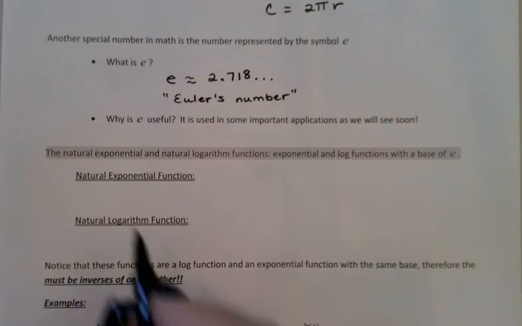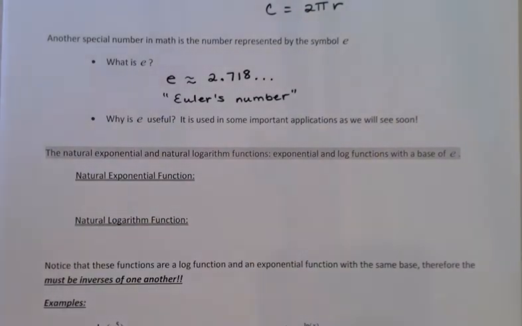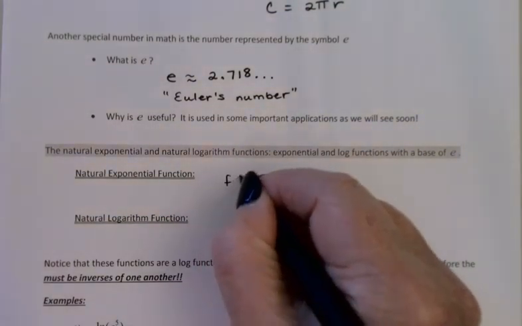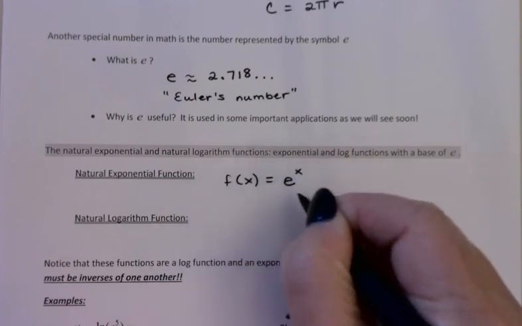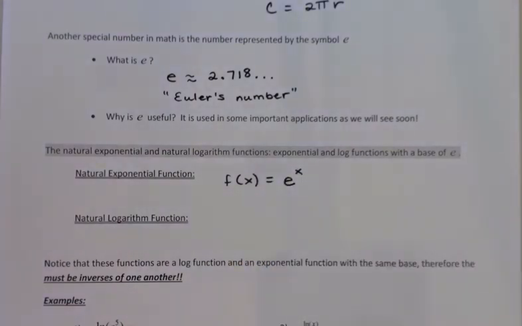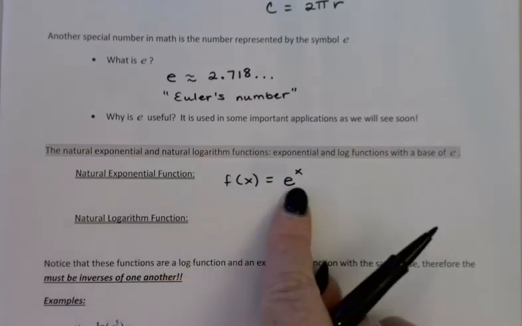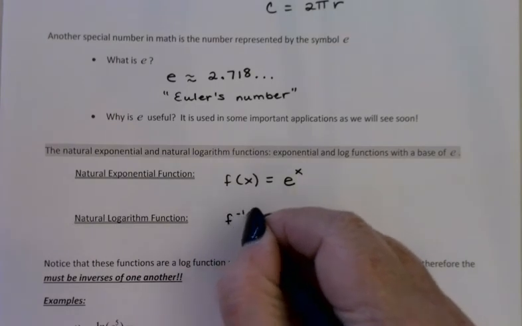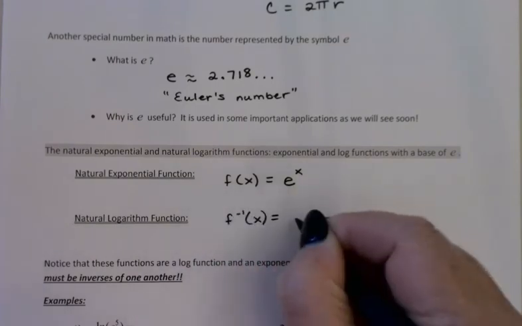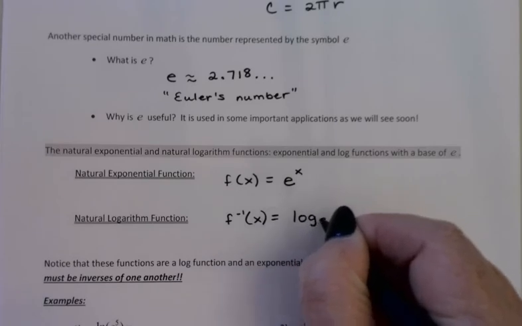So, we define the natural exponential function as the exponential function with a base of e to the x. We define the natural logarithm function as the inverse of e to the x, the log base e of x.